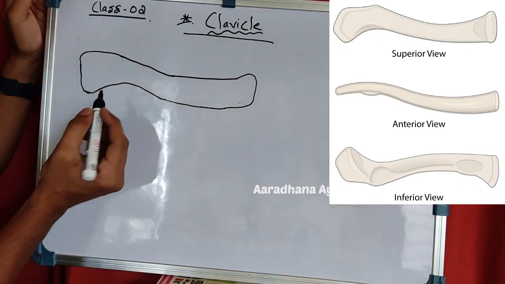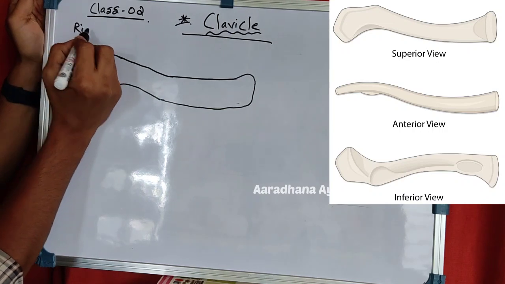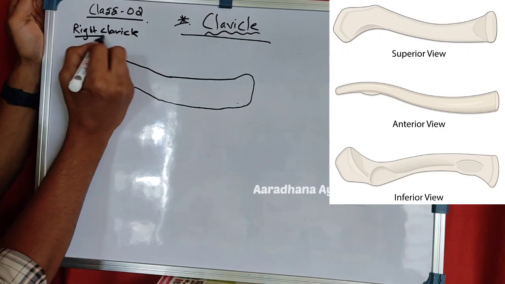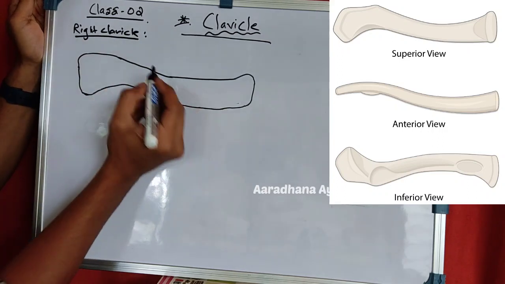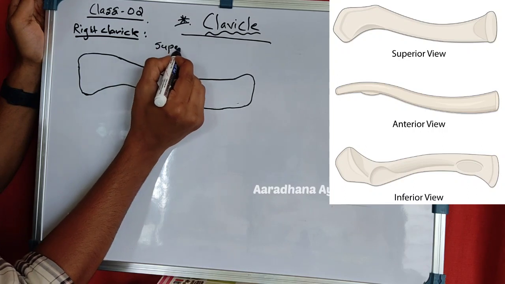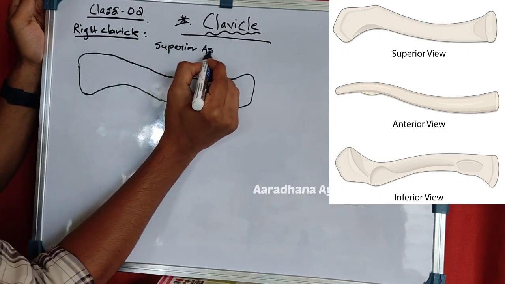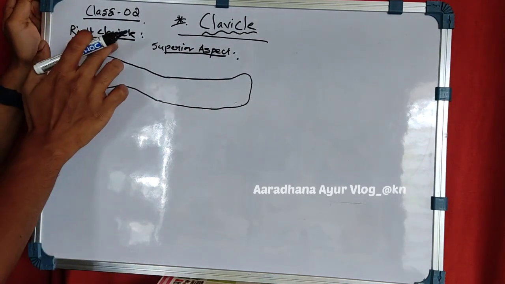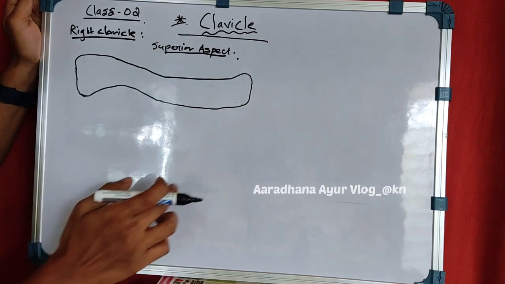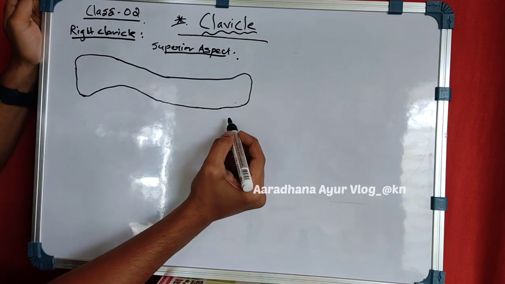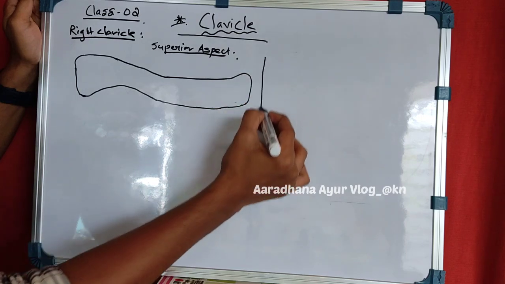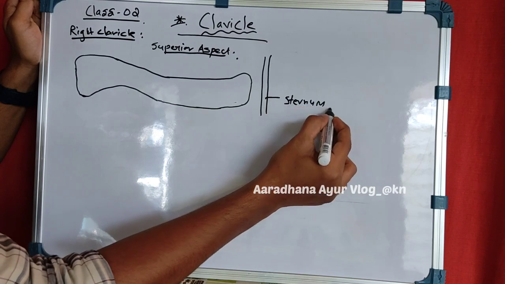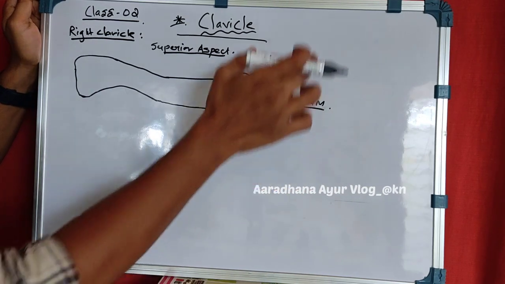So this is the right clavicle, and this is a superior aspect. I told you superiorly means above, so if we see from the top, how is the view? Superior aspect of the right clavicle, and this is the medial. Here the sternum is there. I told you this is the midline, or the medial part.